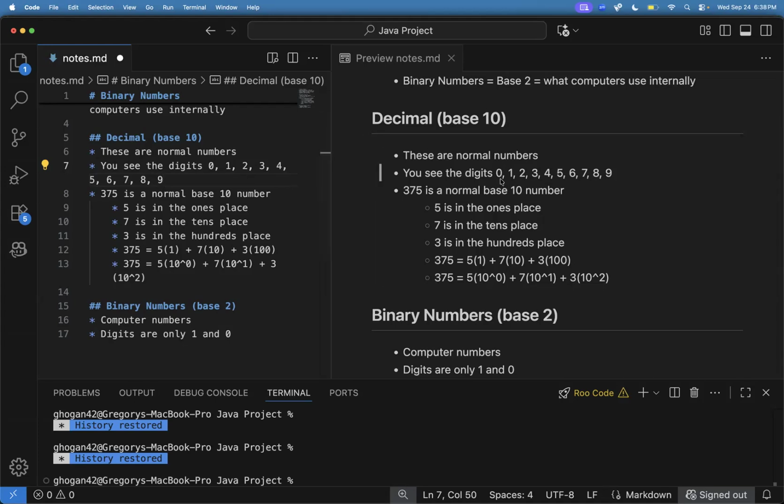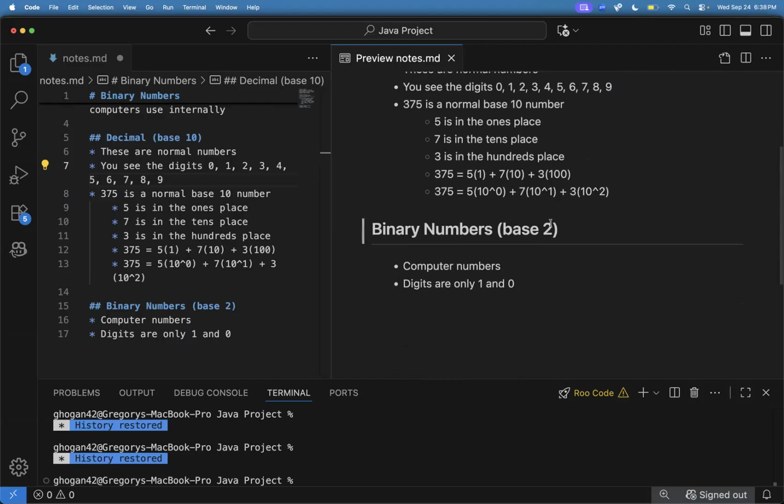And if you count these up, there's actually 10 of them, right? The biggest one is 9, but since we also have 0 on the end, there's actually 10 of these numbers. So the fact that we have base 10 means there's 10 digits involved, and these are them.